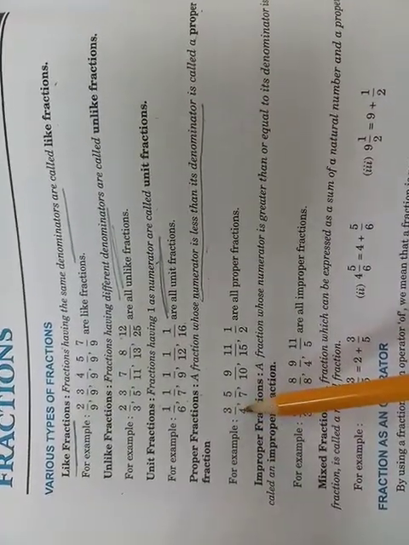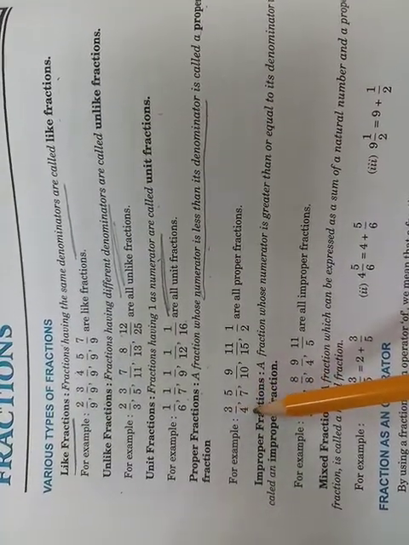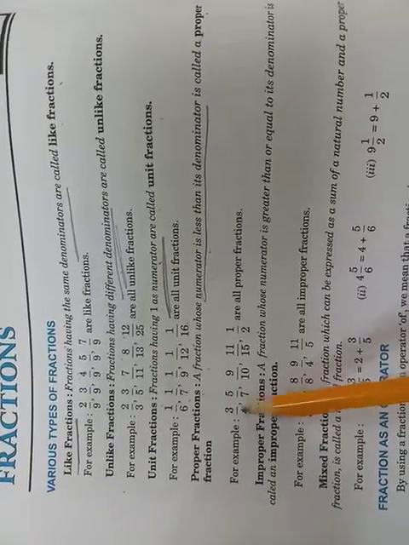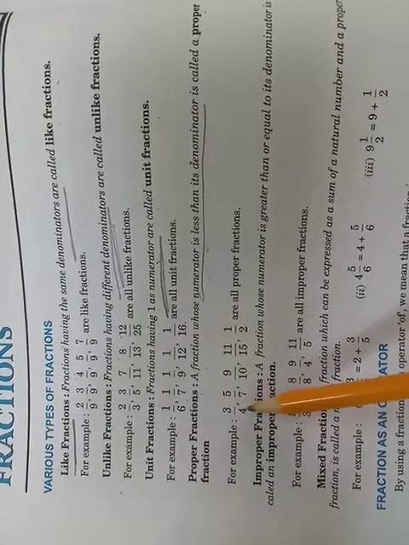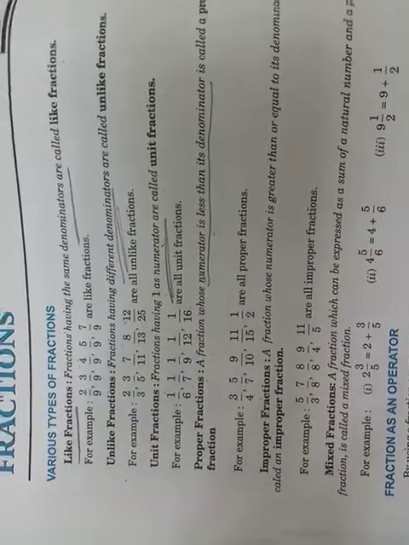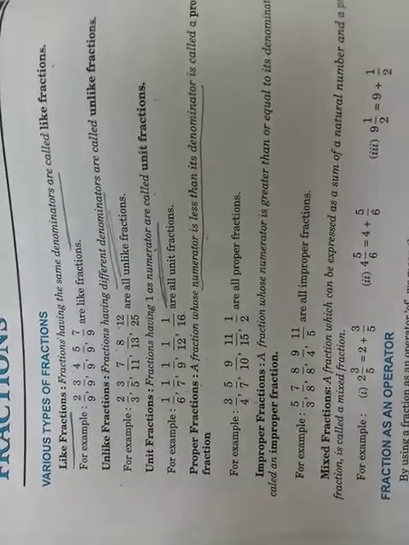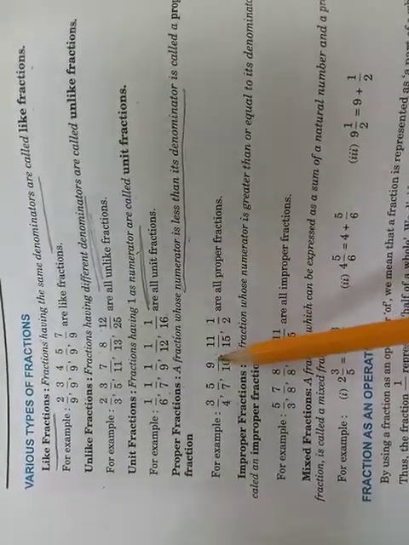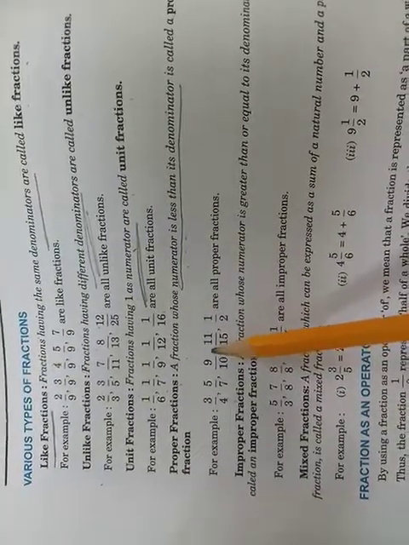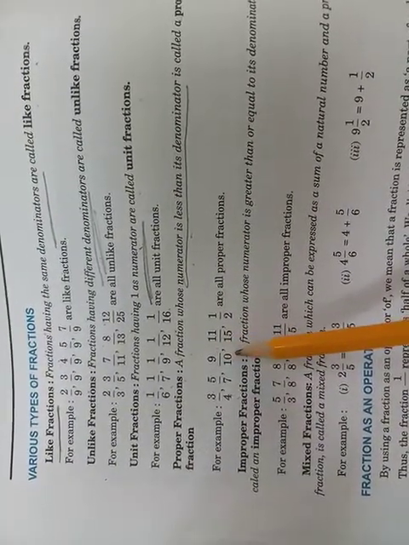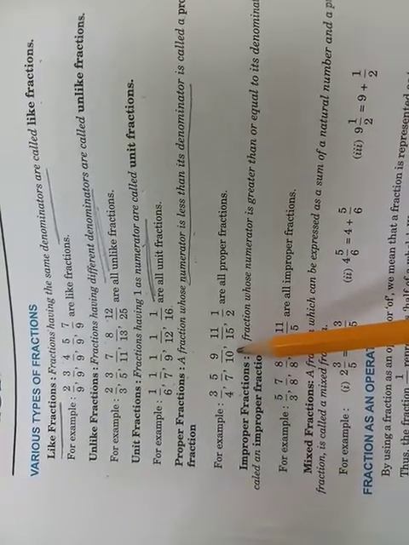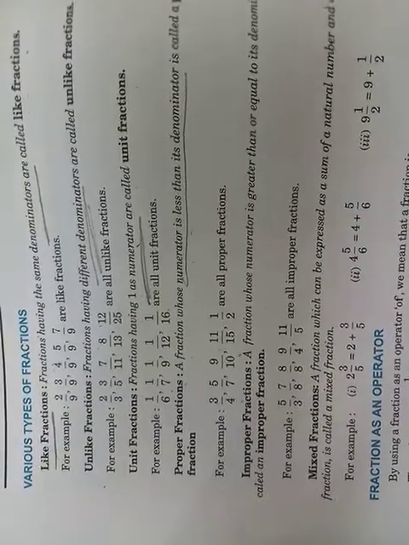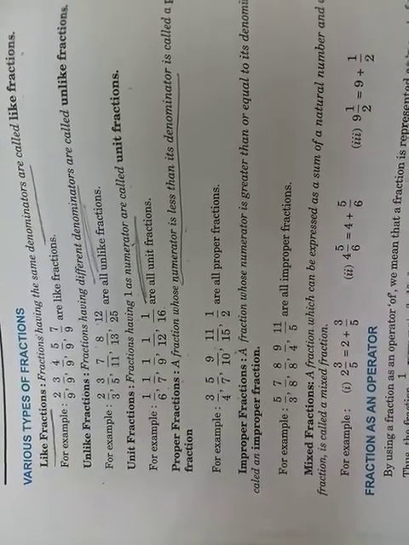Example: 3 by 4, numerator is 3, denominator is 4. 4 is greater than 3, that means the denominator is greater than the numerator. 5 by 10, 9 by 10, 9 is smaller, 10 is greater, so therefore it is a proper fraction. In a proper fraction, remember children, the numerator is always smaller and the denominator is always greater.